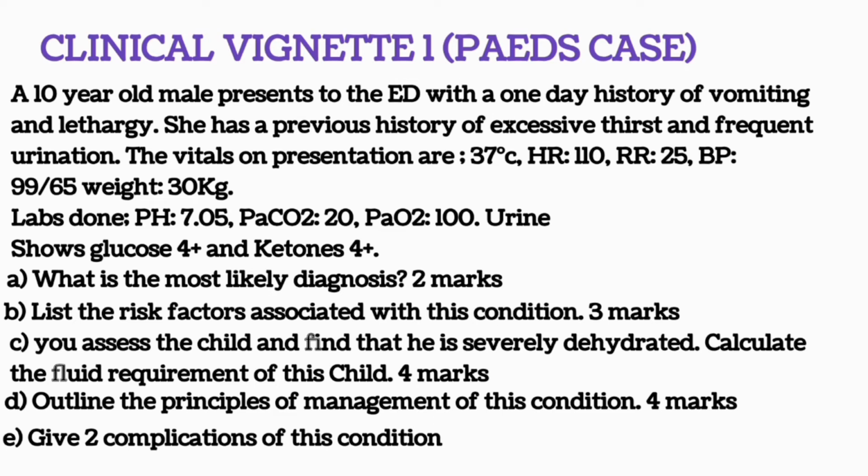Then B, the risk factors, we mentioned the 6 I's. So you have your insulin, your infections, your infarction, your intoxication, your iatrogenic. I think we've mentioned most of the things. So maybe to expand, you can say those who are missing insulin therapies, intercurrent infections.